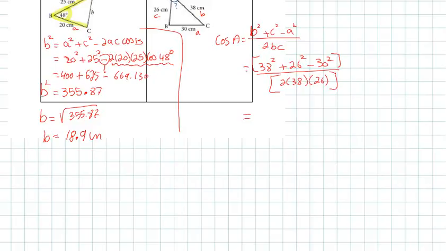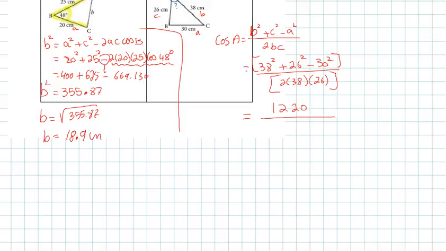So first the top. What's 38 squared plus 26 squared minus 30 squared? 1,220. Find the bottom: 2 times 38 times 26. 1976.